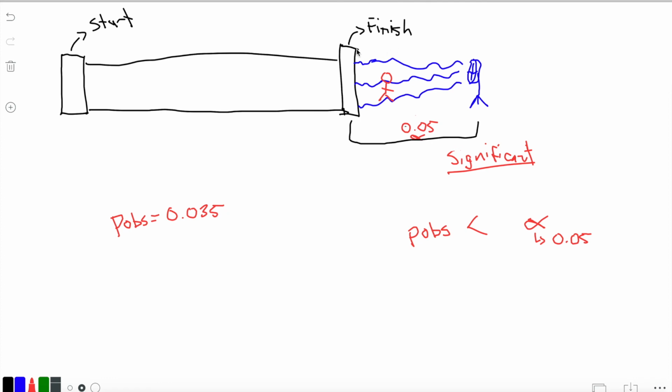They're significant. If we rather compute that our P observed is 0.1201, for example, then they're 0.1201 distance from the fan, which means they're around here. And they haven't yet passed the finish line, and they don't feel the effects of the fan yet. What that means is our two groups are equal.